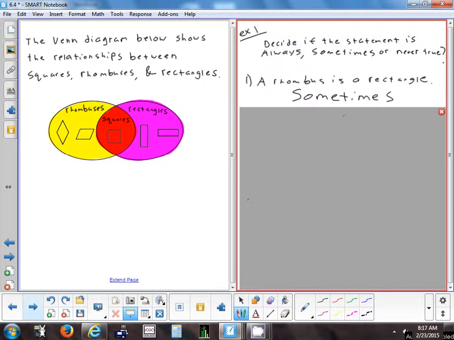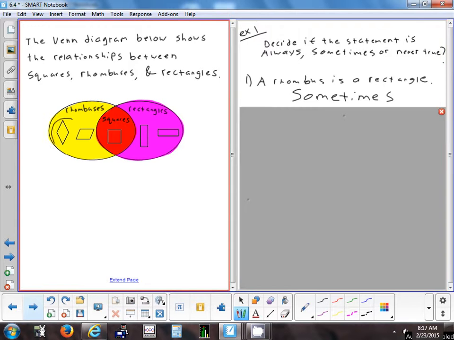An example where it wouldn't be true is if you had this shape. That's a rhombus. It's definitely not a rectangle. So in that case, it's not true. That's why that statement is sometimes true.